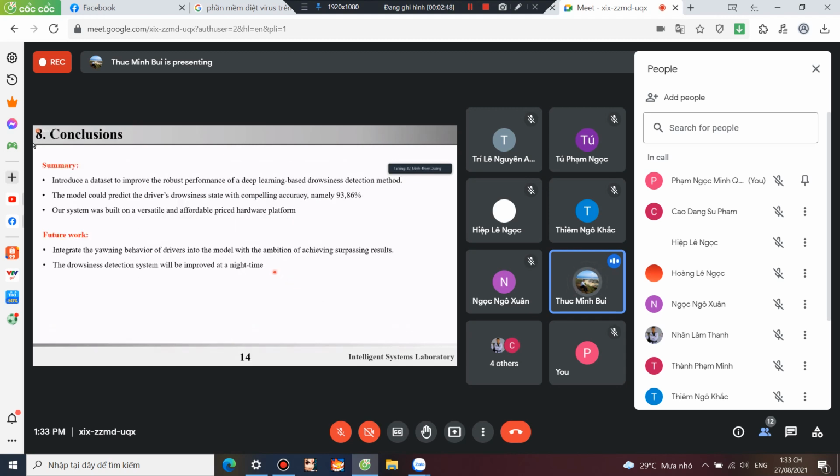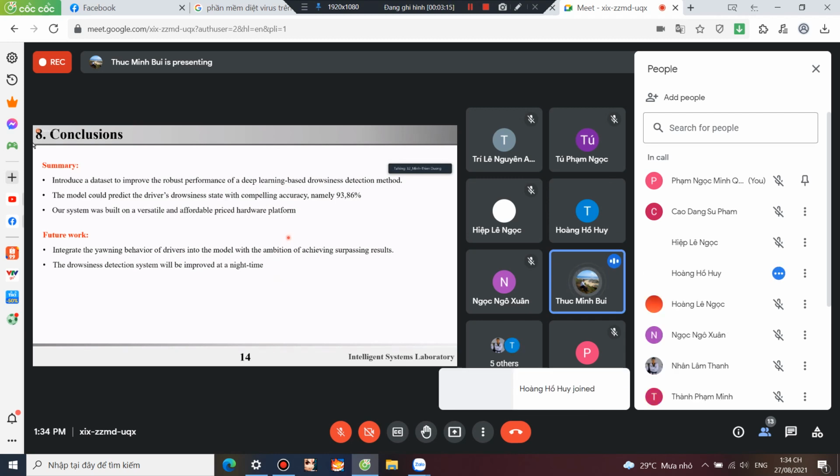And finally, I want to quickly summarize my paper. We introduce a dataset to improve the robust performance of deep learning drowsiness detection methods. And the second one, the model could predict the drowsiness state with a computing accuracy of approximately 94%.